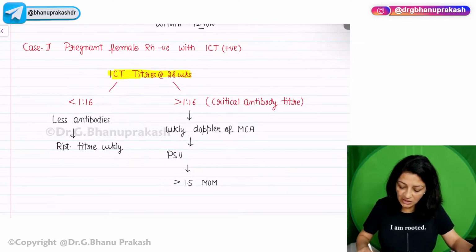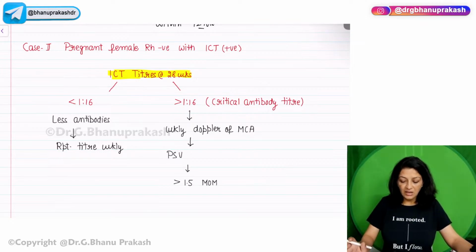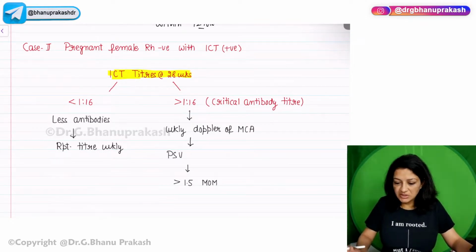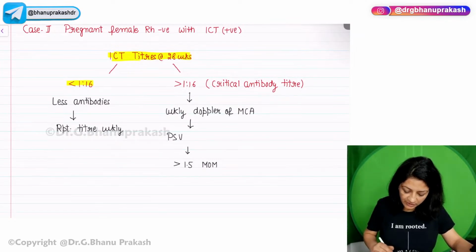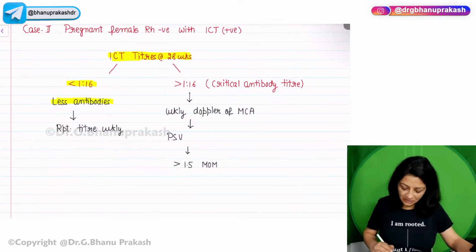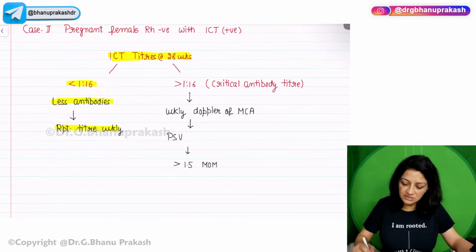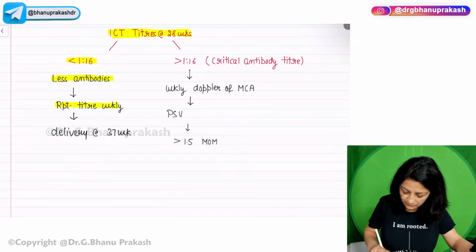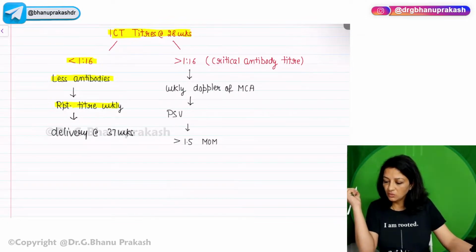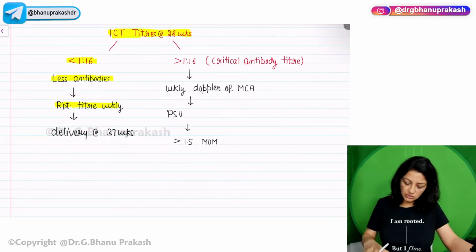Normally they should be twice weekly, but we will start checking at 28 weeks. If the titers are less than 1:16, means fewer antibodies are formed, then we'll repeat the titers weekly, and delivery at 37 weeks.